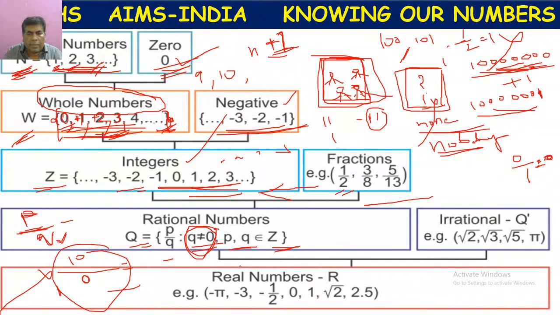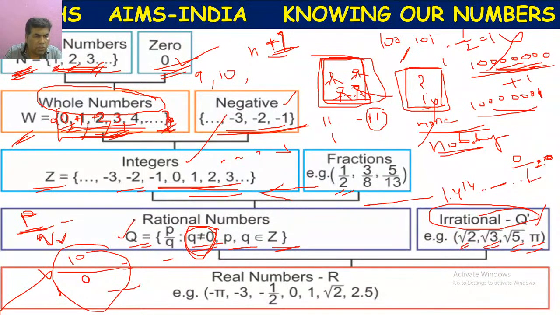Okay. Next, the numbers which are like this, root 2, root 3, root 5, pi, because root 2 value 1.414 dash dash dash. So these kind of numbers, we call them as irrational numbers. Their symbol is Q dash.